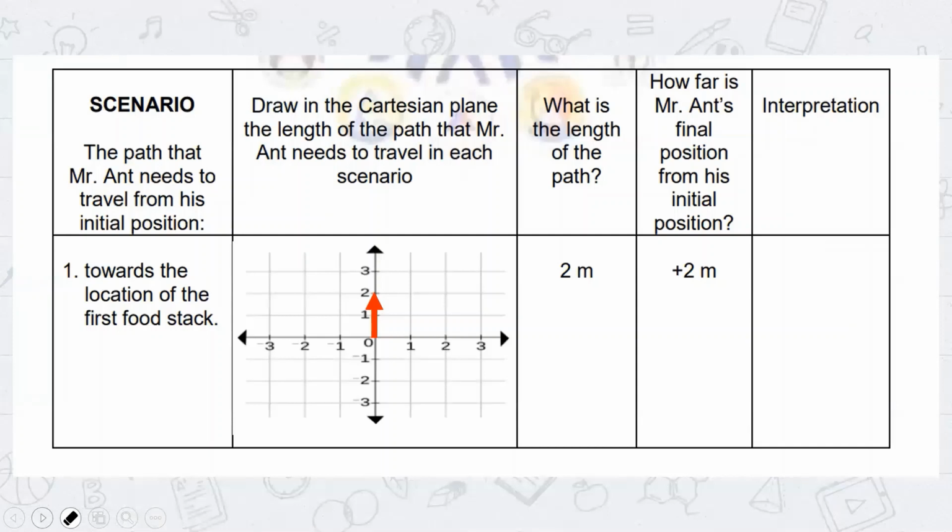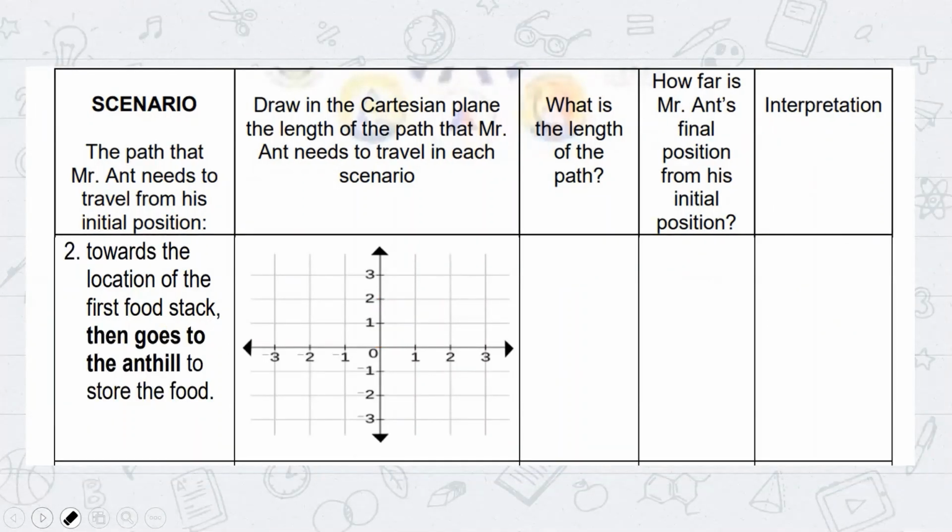Therefore, Mr. Ant's final position is positive 2 meters. That is how far he is from his initial position. And finally, for the interpretation, Mr. Ant moves 2 meters north. Did you get it? Wonderful.